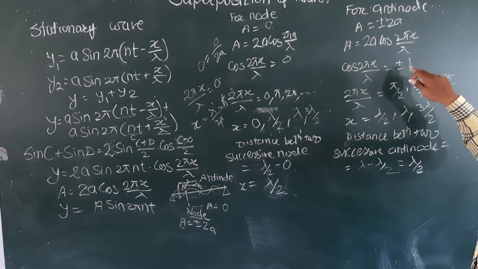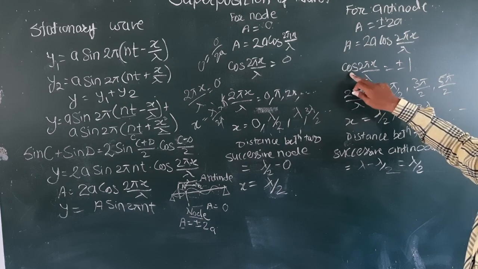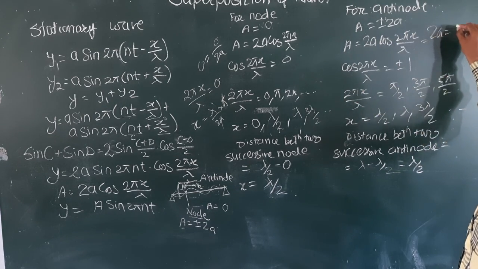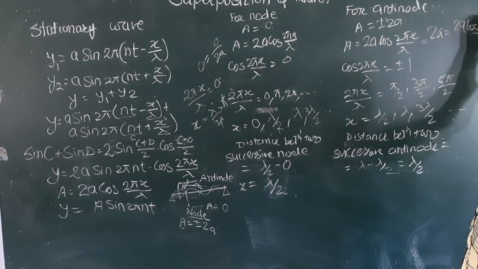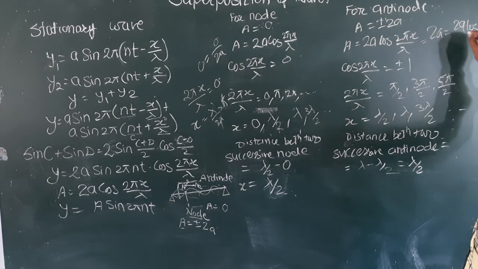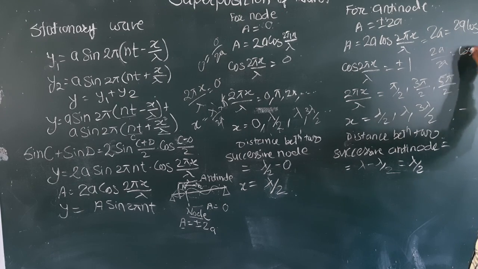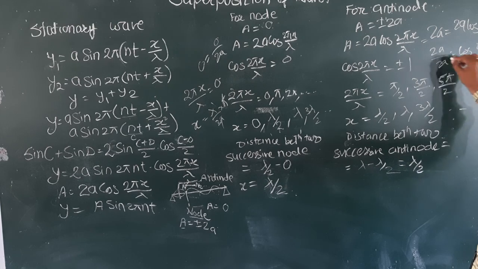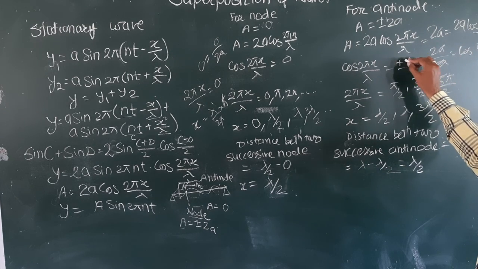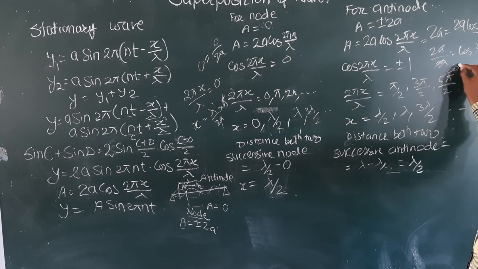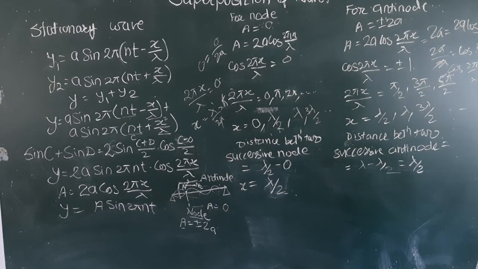Putting this value in this equation, we get twice a is equal to twice a cos 2 pi x upon lambda. Bringing twice a to this side, twice a cancels. So this cos 2 pi x upon lambda is equal to plus minus 1.